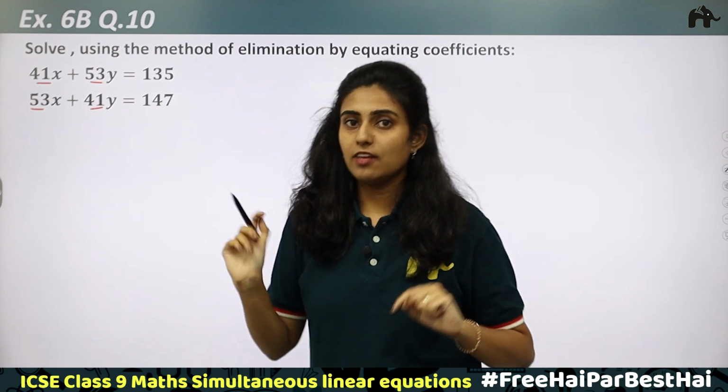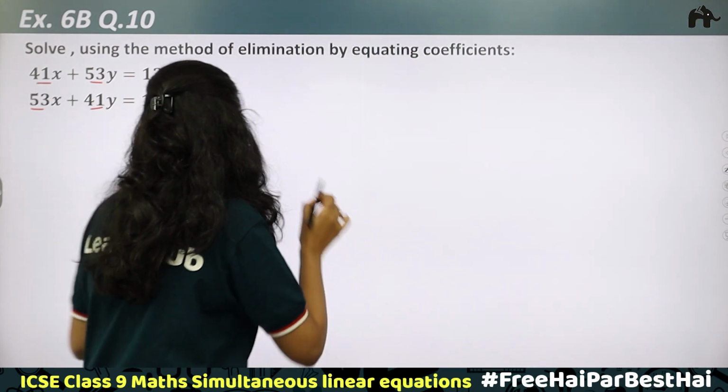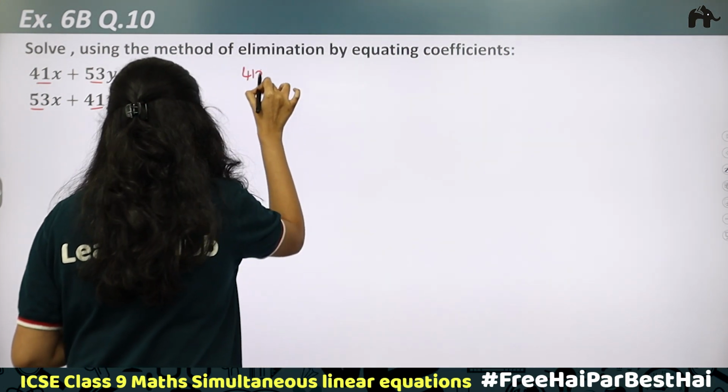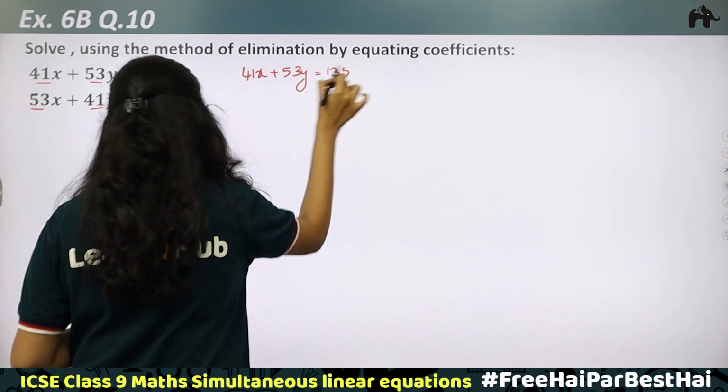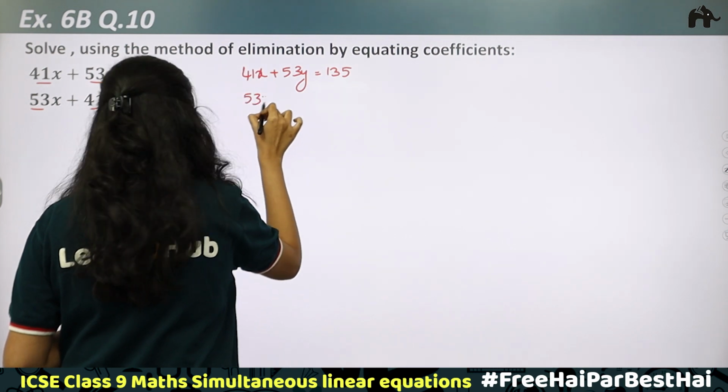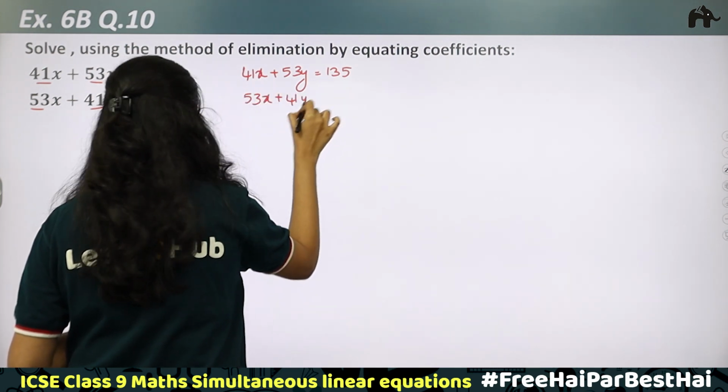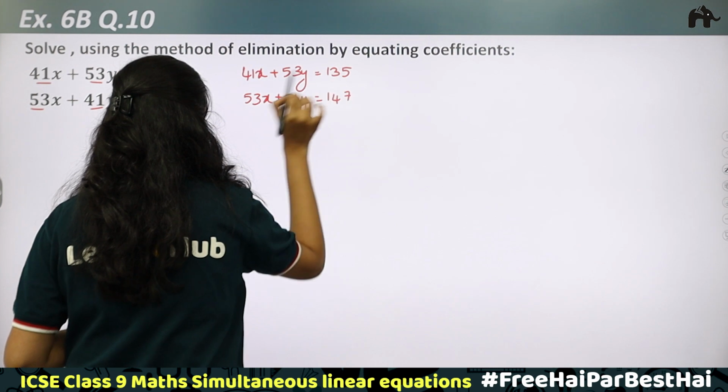In this case, what can be done? We are going to add and subtract both the equations. So, 41x plus 53y is equal to 135, and 53x plus 41y is equal to 147.